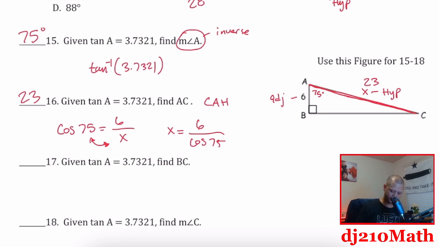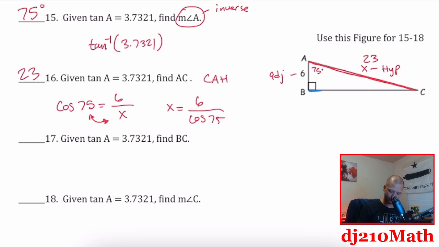Find BC. All right, 17. Find BC, so that's the bottom. We'll do it in blue. We'll call it Y, so we're not confused. Again, in relation to the angle, this is opposite. And for the given, I could use either the adjacent or the hypotenuse. I'm going to use the one that was given because that's the one that's not rounded. 23 is a rounded number. So this is opposite and adjacent, so TOA.